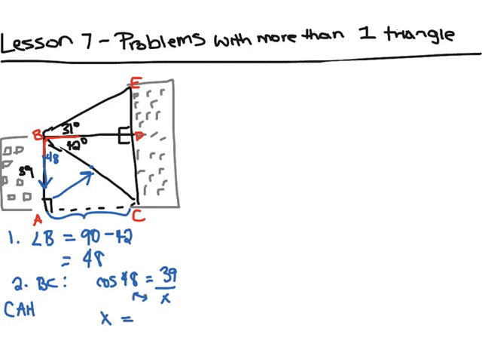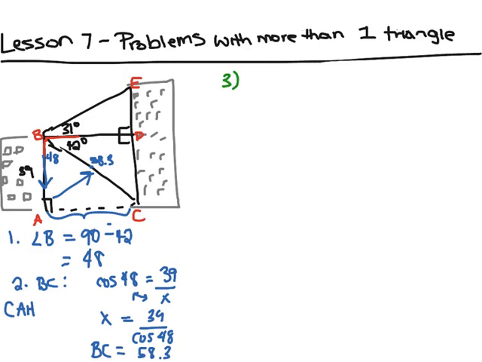So x is equal to 39 divided by cos of 48. Type that into your calculator and you should get BC, which is our x, to be 58.3. So this length is 58.3.